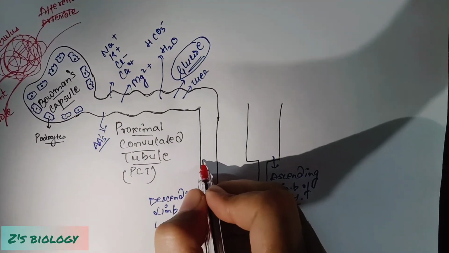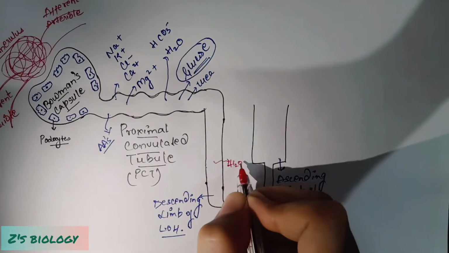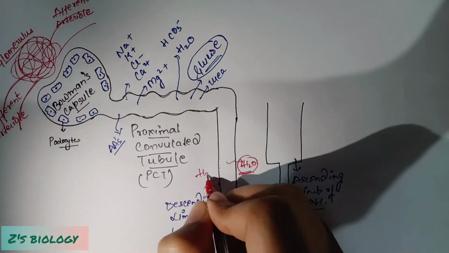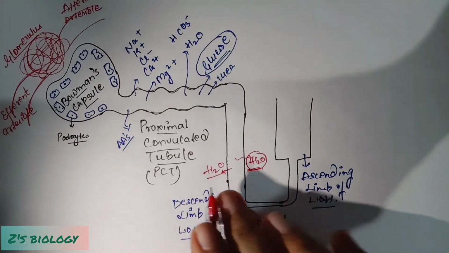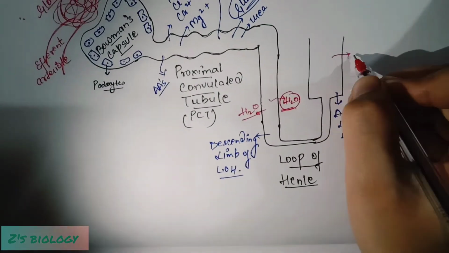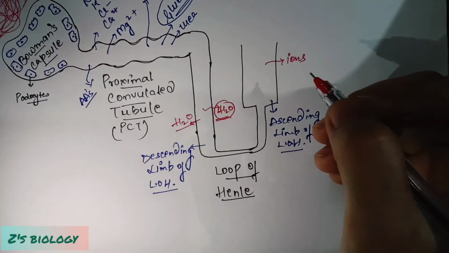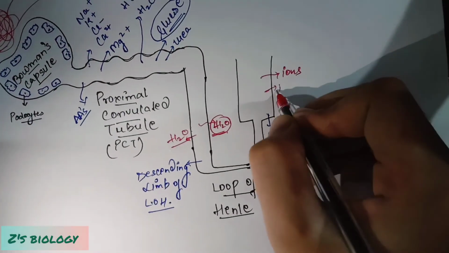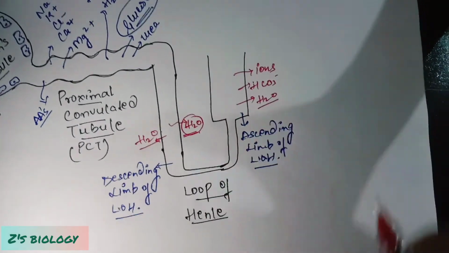The main substance reabsorbed in the descending limb is water. So if more water is lost, that is the dilute urine, and if less water is lost in our urine, that is the concentrated urine. It depends on the functioning of the loop of Henle. And in the thick ascending limb of the loop of Henle, ions like sodium, calcium, and bicarbonates, and also water will be reabsorbed.